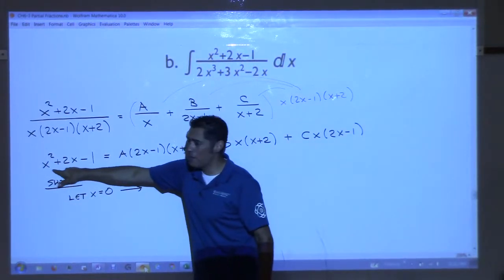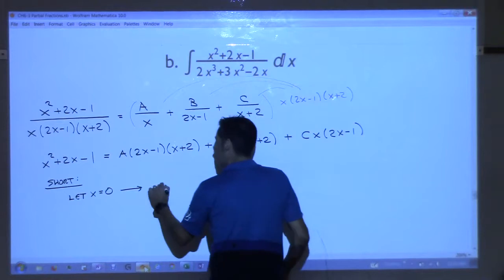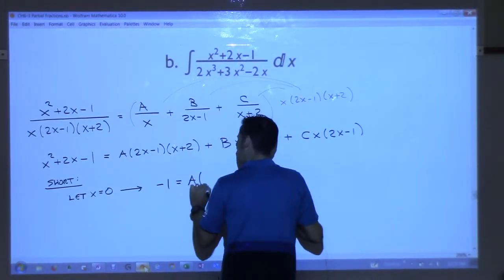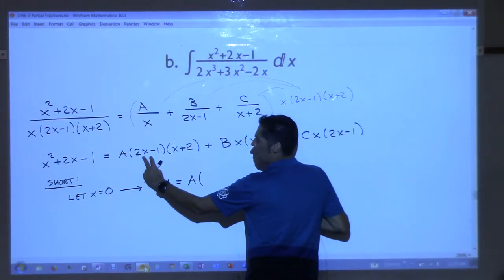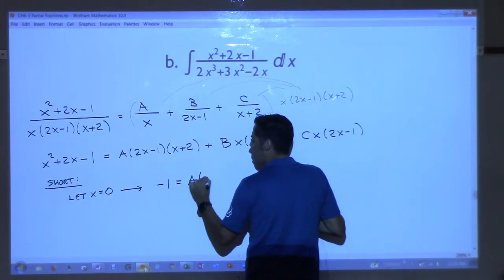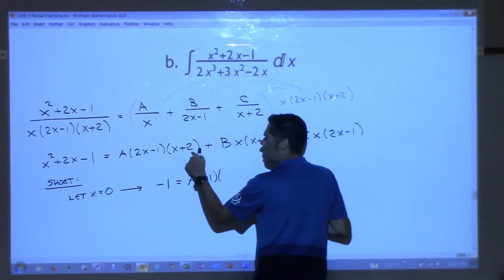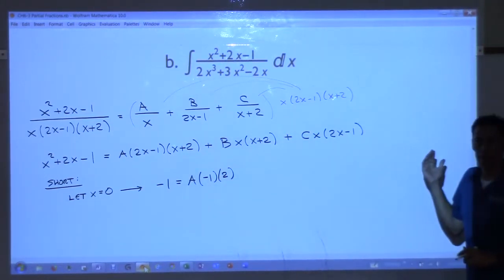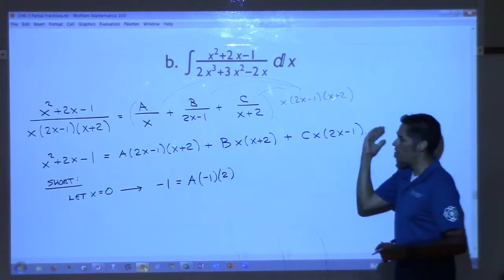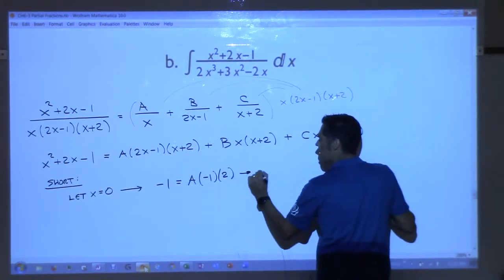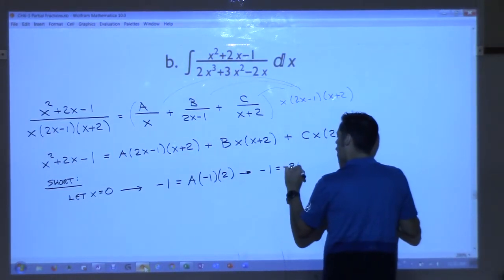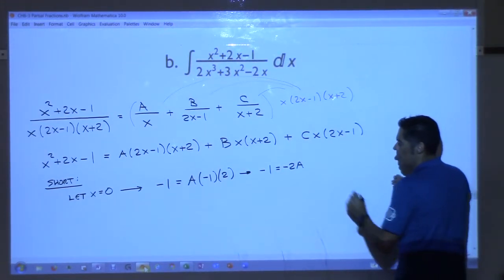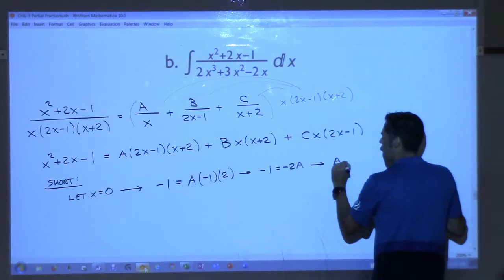If I let x be 0 here, I get -1 must equal a times, what do I get when I plug in 0 here? 0 minus 1 is -1, and then plugging in 0 here you get 2, and everything else is gone. So all you're left with is -1 equals -2a, and that means a is a half.